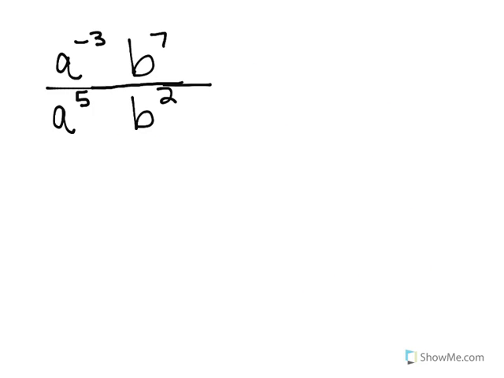Another example of a quotient: we have a to the negative 3 times b to the 7th, all divided by a to the 5th, b to the 2nd. So again, we're going to look at our bases that are the same, and that would be the a, and we have a negative 3 minus 5 times the b, 7 minus 2.